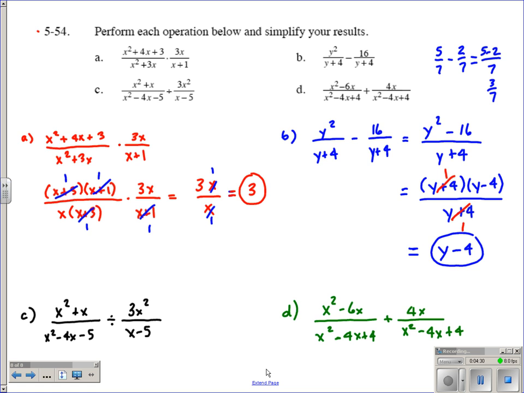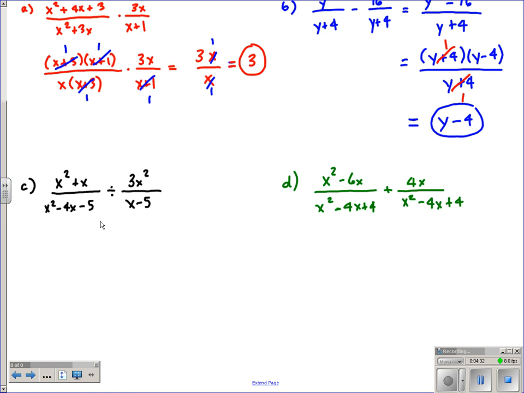Letter C now. We're looking at division here. We have x squared plus x over x squared minus 4x minus 5, divided by 3x squared over x minus 5. Remember, we're just simplifying. The first thing we want to do is make it easier to simplify, so let's turn it into multiplication.